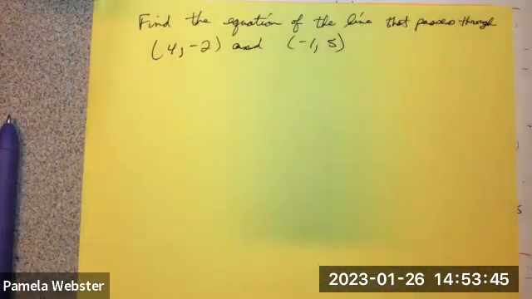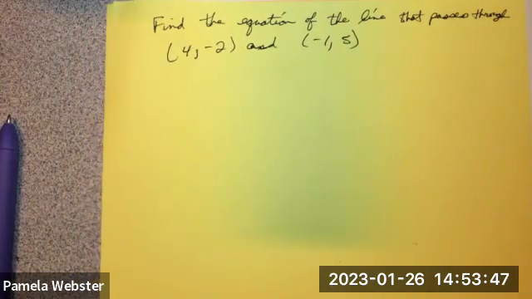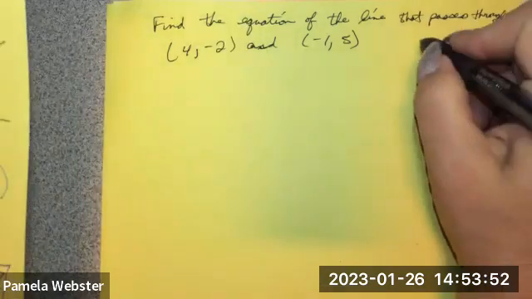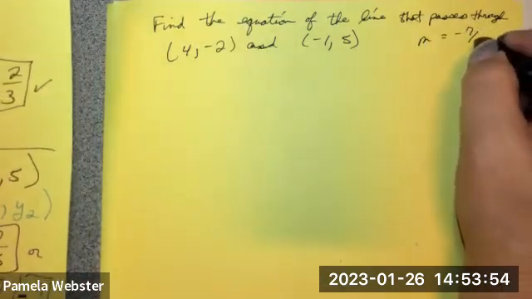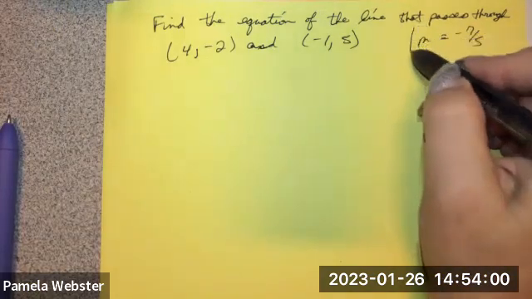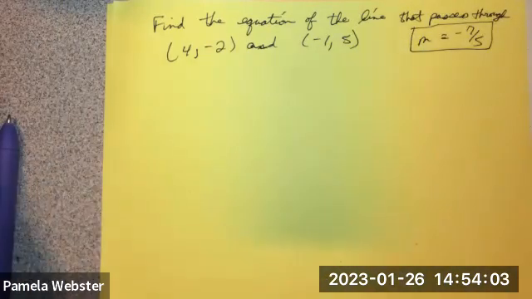Well, we already know the slope for that, we just found it. We just did this problem. So m equals -7/5. If we didn't know that, we would need to find the slope, but we just found it, so we'll go from there.